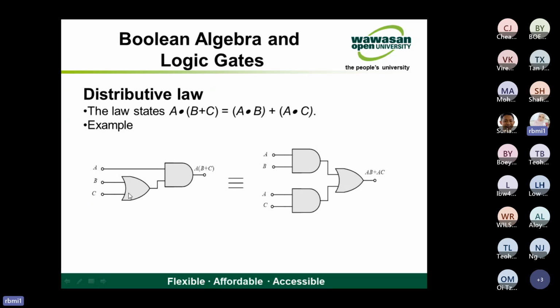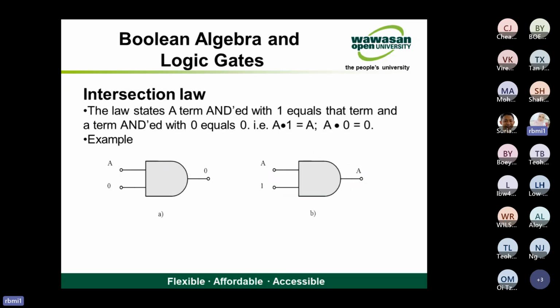This is when we use one OR and one AND gate. This is similar when we use two AND gates with one OR gate. This is the distributive law as implemented with logic gates AND and OR.